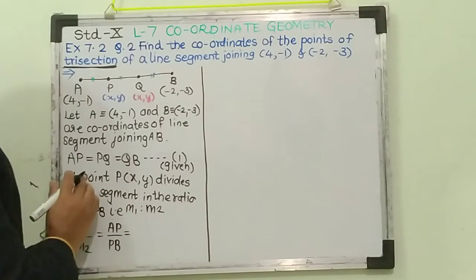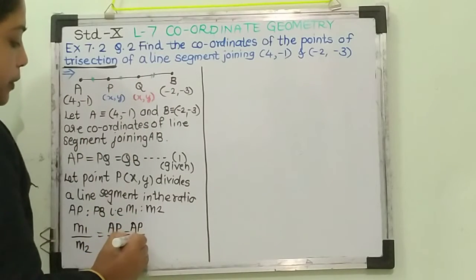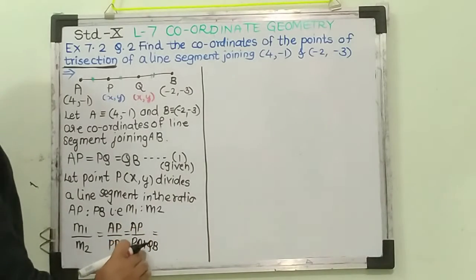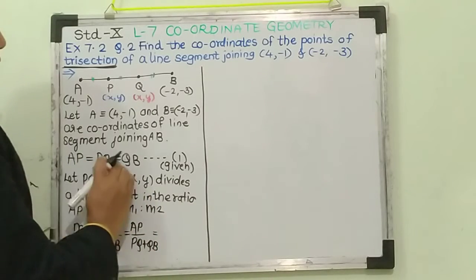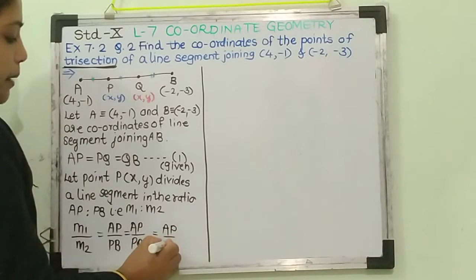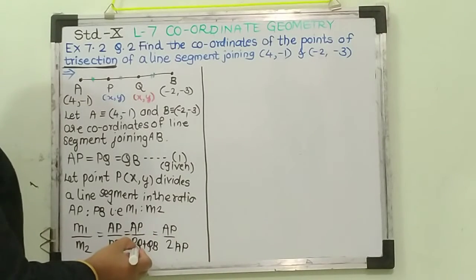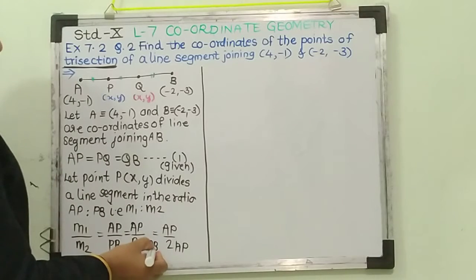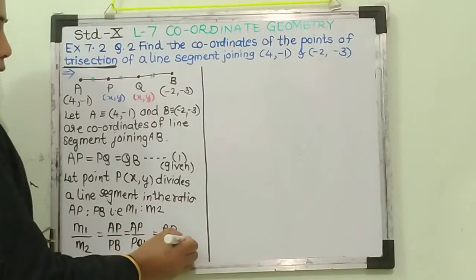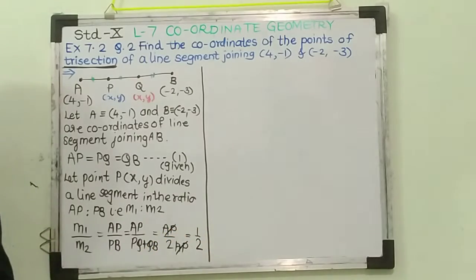PB equals PQ plus QB. AP upon PQ plus QB, and PQ, QB and AP, these three are equal parts. So we can write AP upon twice AP, because I replace PQ and QB by AP from 1, and cancelling AP, I get the ratio 1 as to 2.